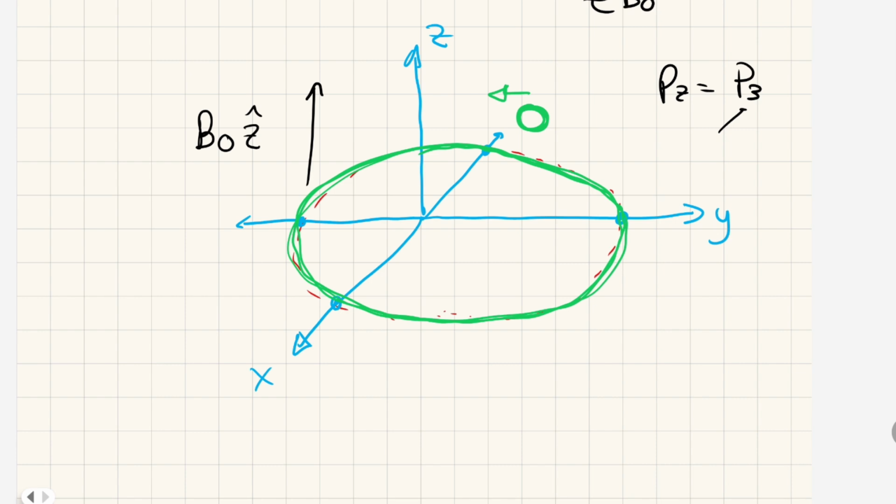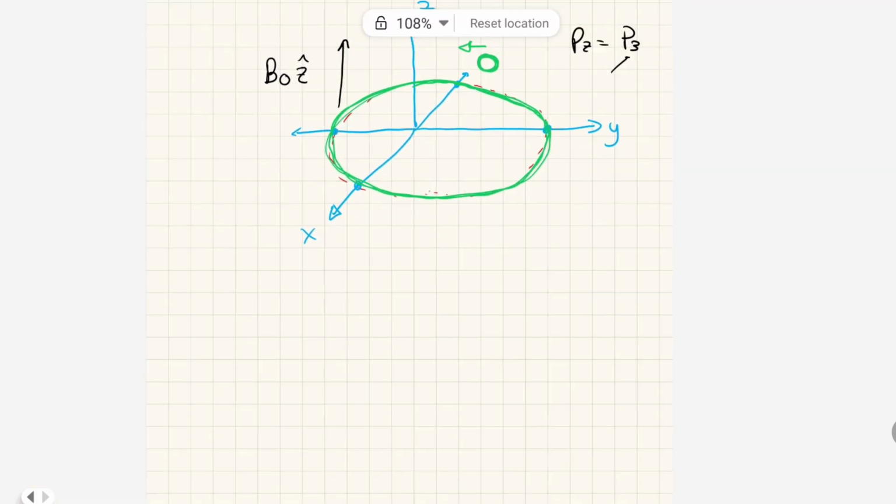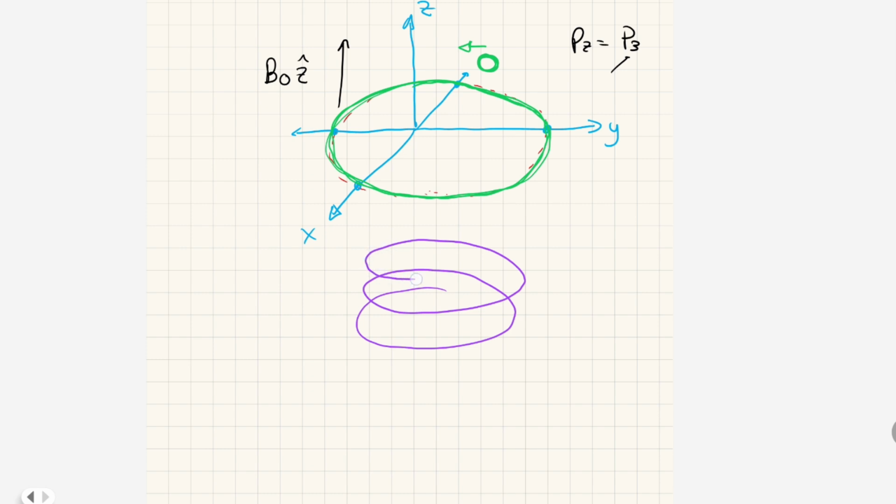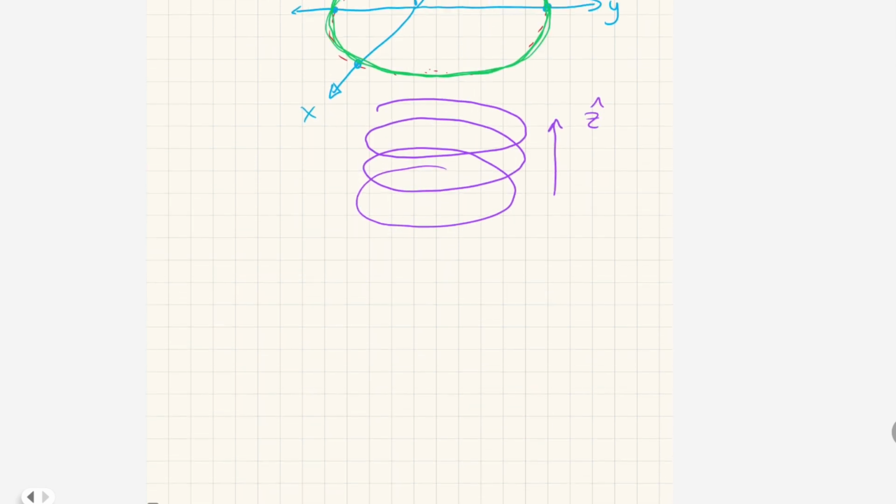If it is different from 0, then we will have that the particle is making this motion, right? It is making circles on the xy plane, but it is moving up, right? Parallel to the z direction. Perfect. So, of course, if the velocity in z is equal to 0, then this particle is only moving in a circle, like this.